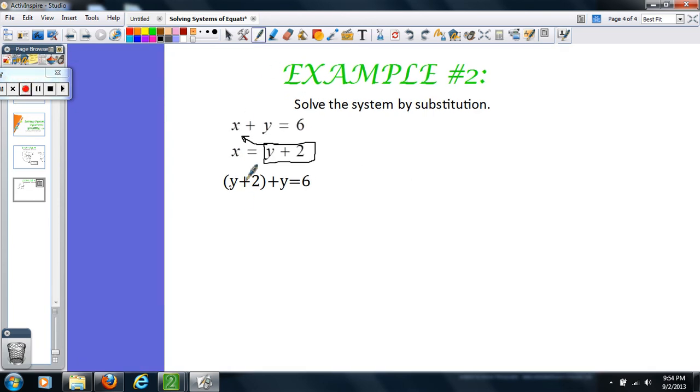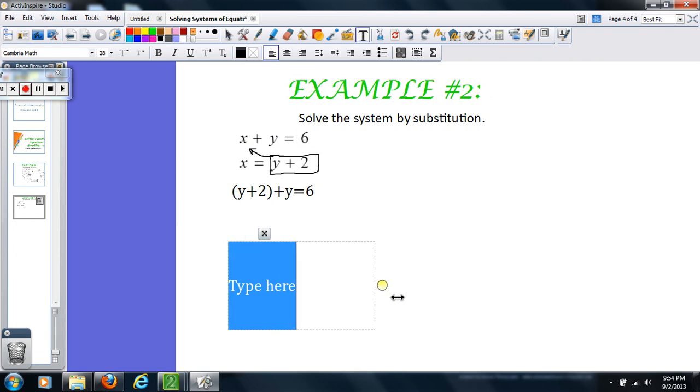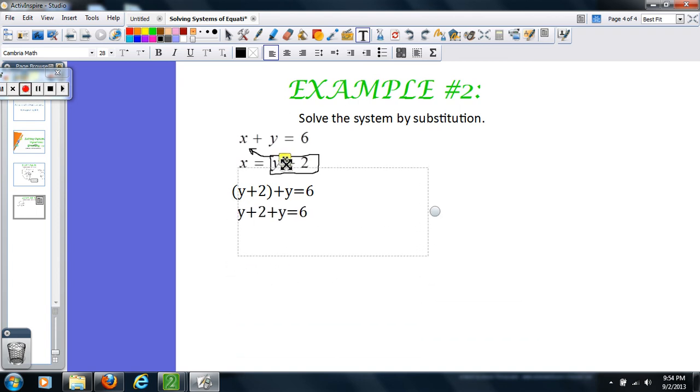We know that we shouldn't need the parentheses because y plus 2 plus y, based on the commutative property of addition, tells me that I can add those in any order because they're all the same. So I can get rid of my parentheses, and that'll give me y plus 2 plus y equals 6.